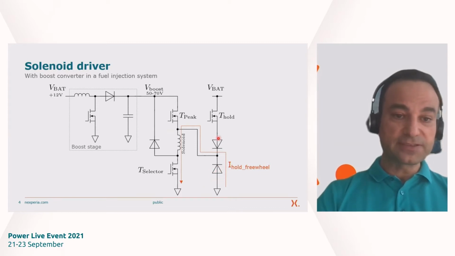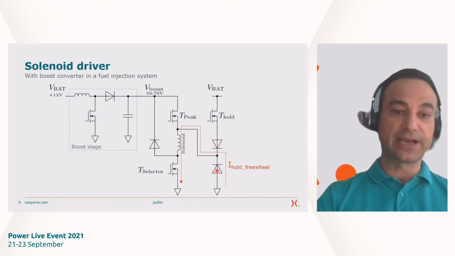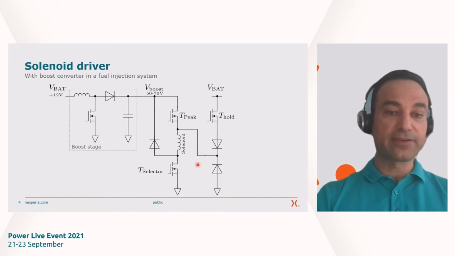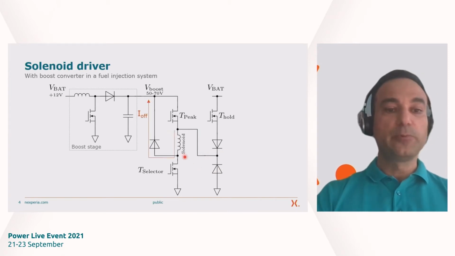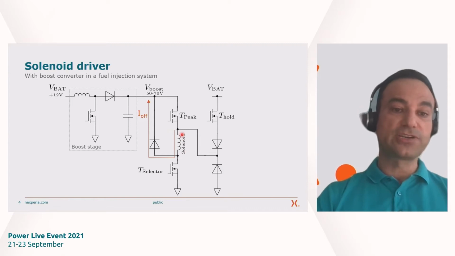That means this one is an O-ring diode, this one is a freewheeling diode. And at the end of the cycle, if the valve is closed again, we need to deplete the energy in the solenoid. And this is again done by a freewheeling path, in this case, by this diode. So this diode is also, like this one, a freewheeling diode.